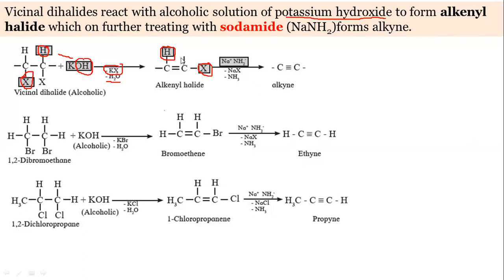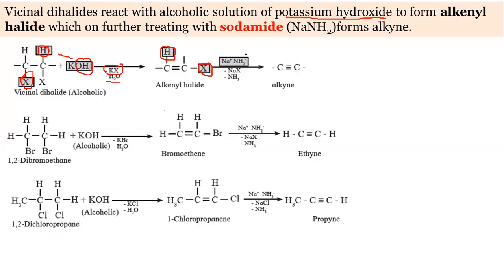See here, triple bond. So this hydrogen and this halogen will be removed. So a strong base we have to use in the second step. In the first step, we can remove using potassium hydroxide, but potassium hydroxide cannot work in the second step because this hydrogen is more acidic and the compound becomes stable.